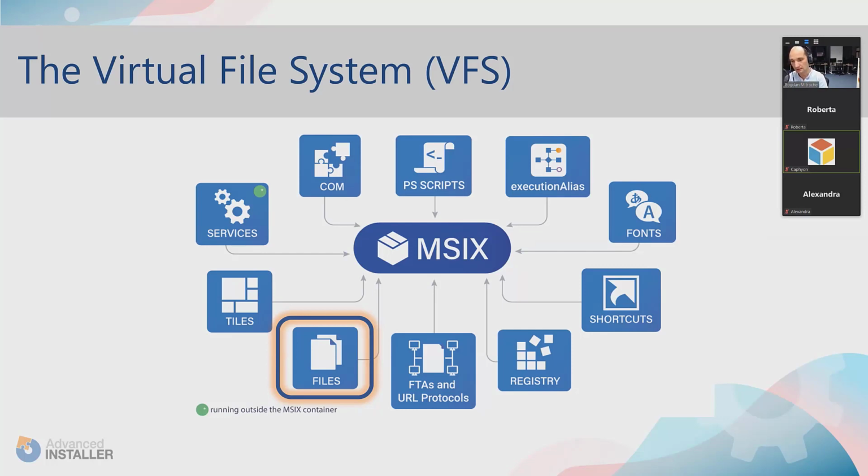With MSIX, this is different because every MSIX package gets installed into the same folder all the time. Of course, with a subfolder dedicated for each application. So on any Windows machine, you will get a folder that's called Program Files / WindowsApps. And in that folder, you'll find all the MSIX packages that were installed on that machine, with a folder for each application that was available on the machine.